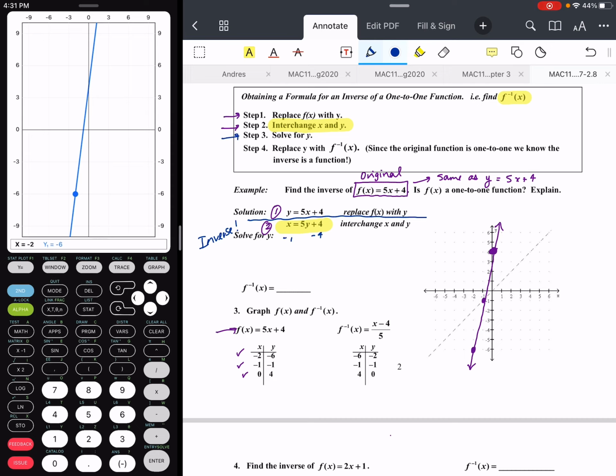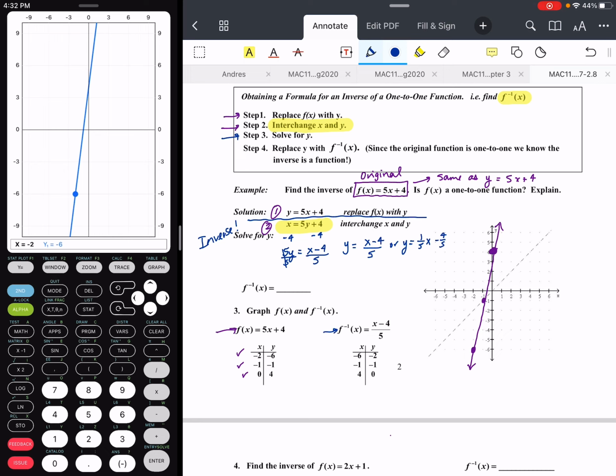And then I divide all the way across by 5. Either I could write y equals x minus 4 over 5, or I could write y equals 1/5 x minus 4/5. Either one will be fine. Just to match up with what I have down here, I'll stick with this version.